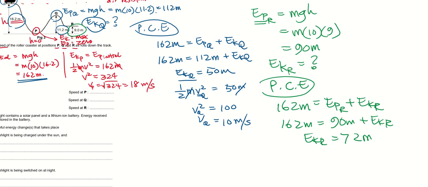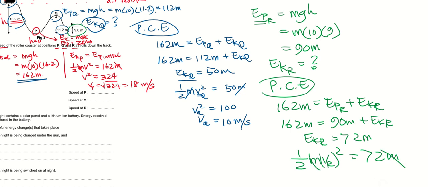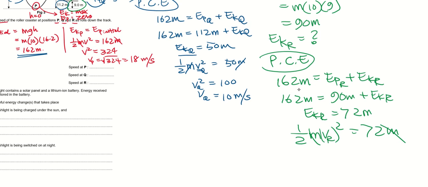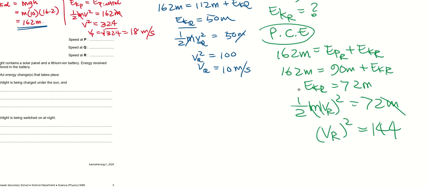And EK formula is half m v of R square equals 72 m. So again, m and m can cancel. So VR square is equals to 144. Therefore my VR is going to be 12 meter per second.